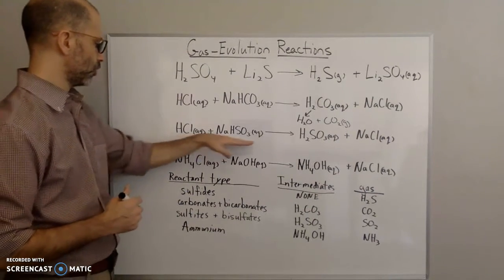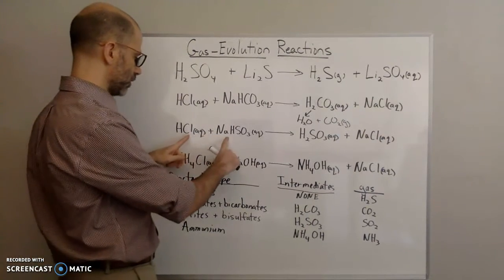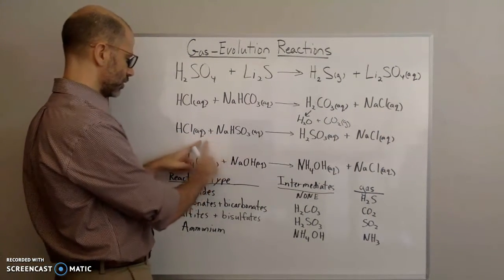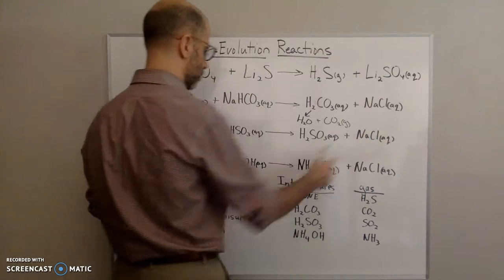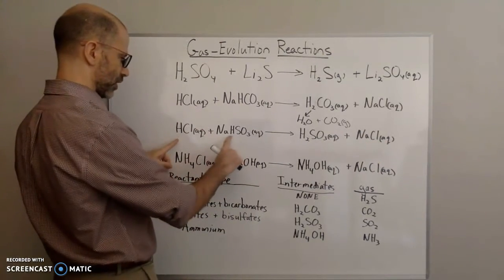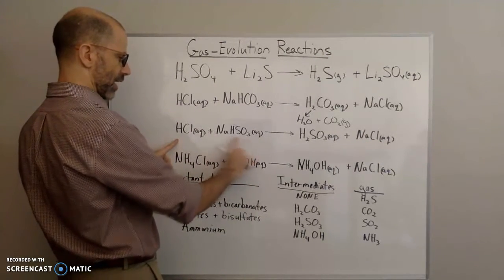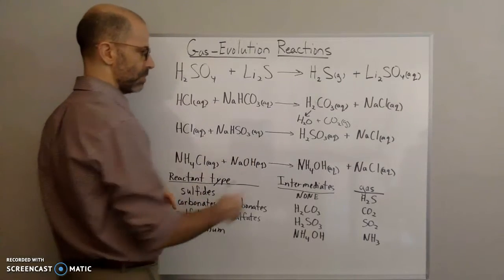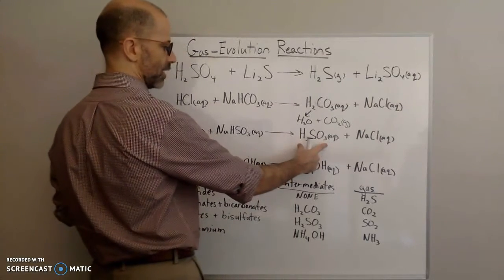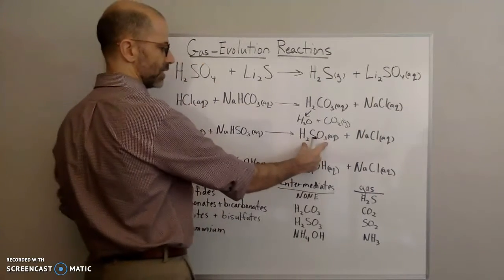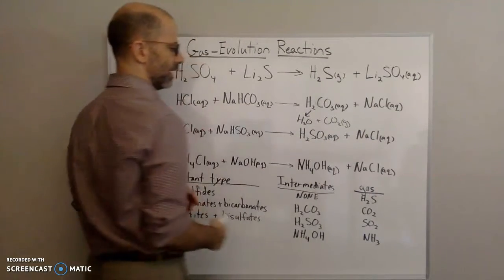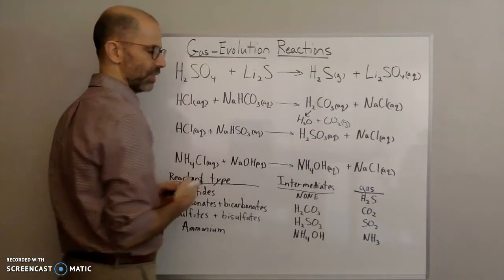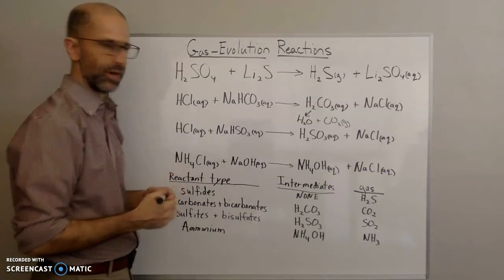Same thing for this one here. Again, I can put the inner ions together, and I get my sodium chloride. I put the hydrogen and the bisulfite ion together, and this time I get sulfurous acid and my salt. Again, if I stopped there, I would not be correct.